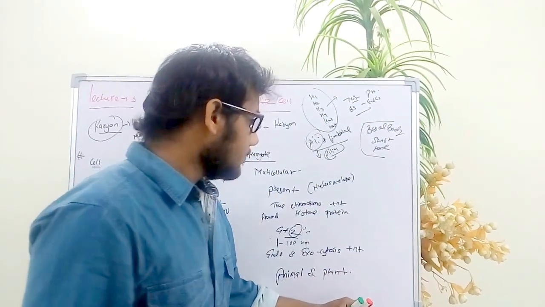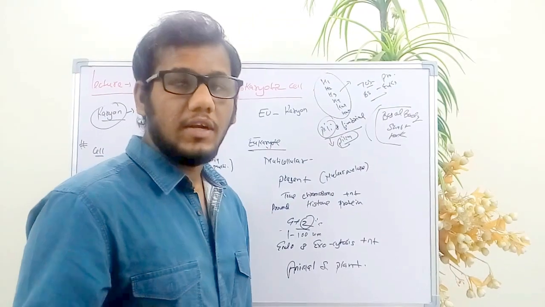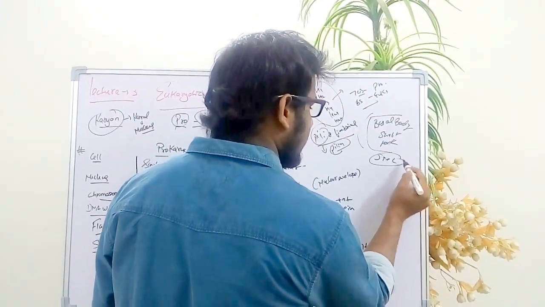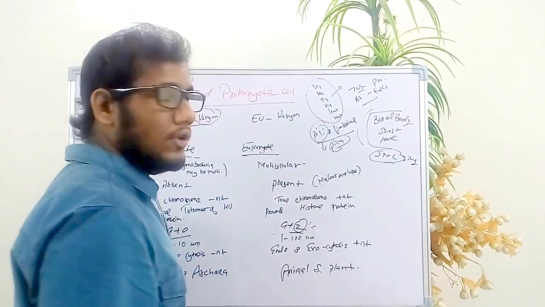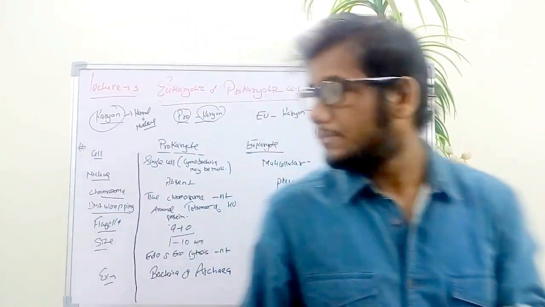There is also a difference in the rings, named S, M, and L. These rings are present in flagella, and there are also differences in these rings between prokaryotic and eukaryotic cells. We are going to see this in our next videos.